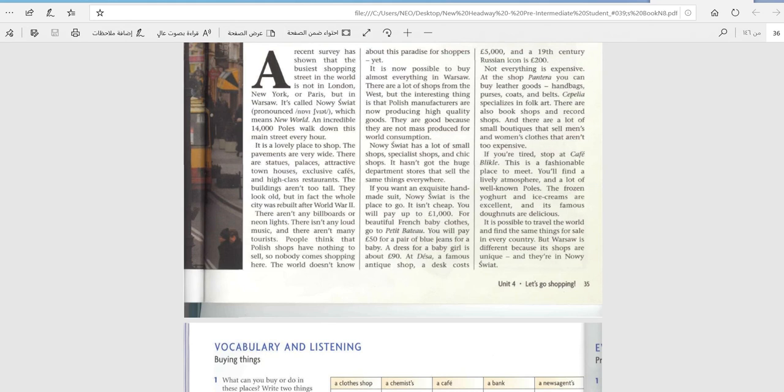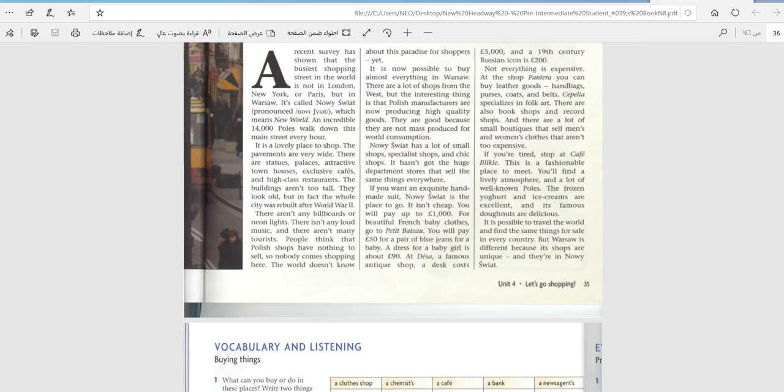You will find a lively atmosphere and a lot of well-known faces. The yogurt and ice cream are excellent and delicious.